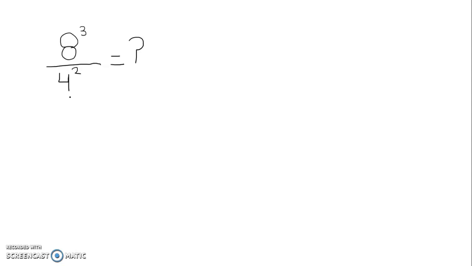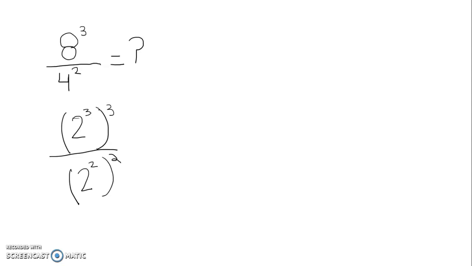So, for example, 8 you can write as 2 cubed, and then 4 would be 2 squared. So it's basically that, and then we also have the cubed and then the squared.